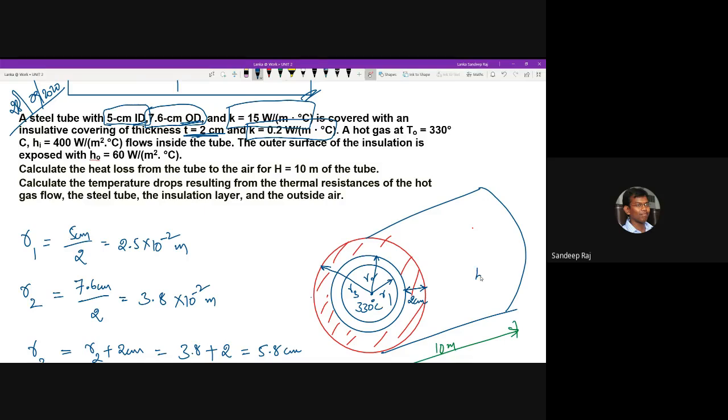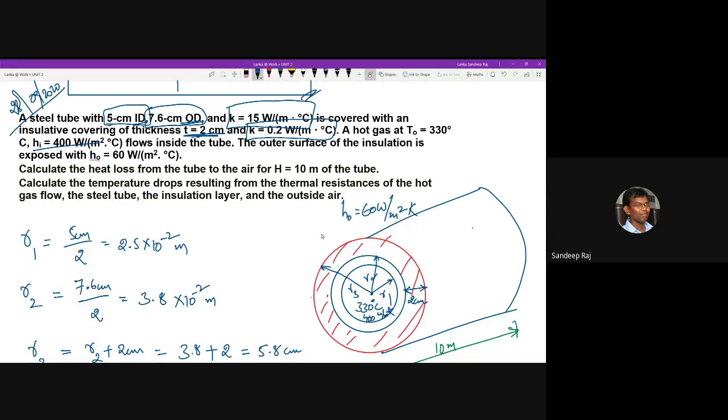For that air, H outer is given as 60 watt per meter square Kelvin, and inside H is 400 watt per meter square Kelvin.